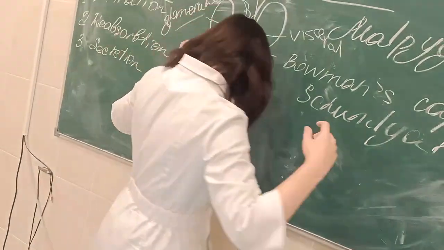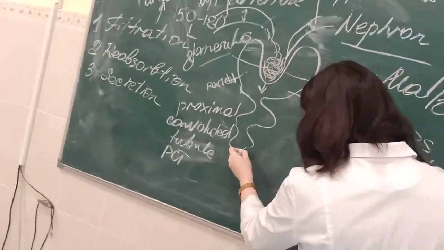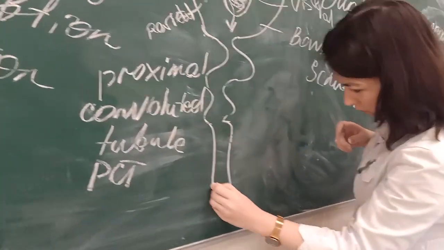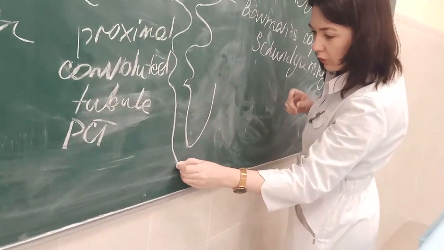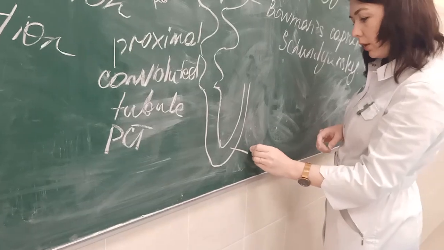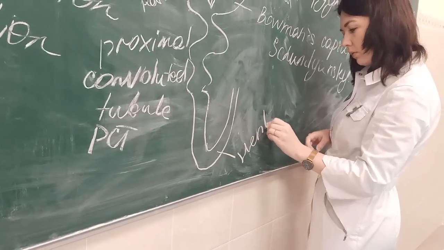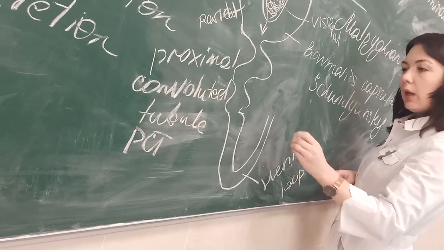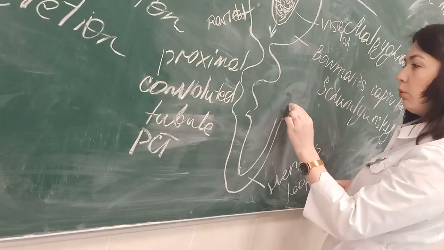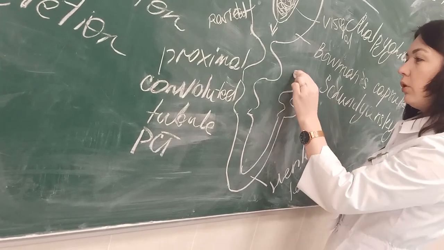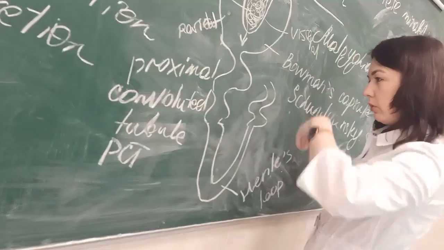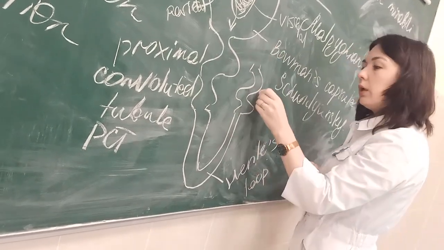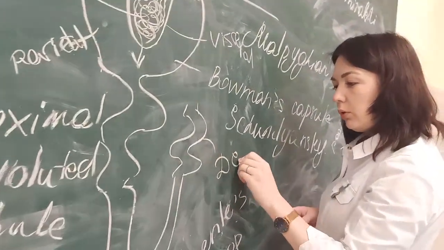Then it enters Henle's loop. So this is straight tubules and they form Henle's loop. And then the distal convoluted tubule. Convoluted means like this, yes. Or DCT, distal convoluted tubule.